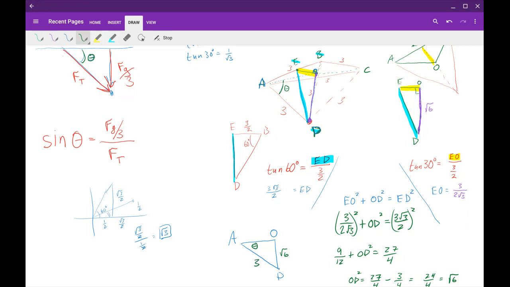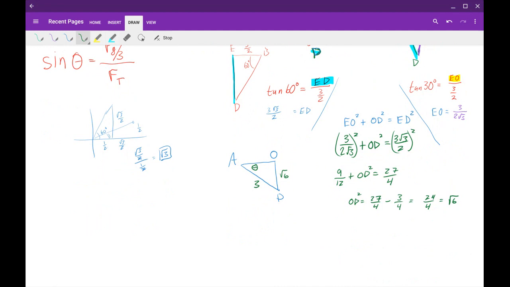And so I can figure out that angle. Look at that. The angle is going to be the opposite and the hypotenuse. So the sine of that angle is the opposite, or the square root of 6 over 3.